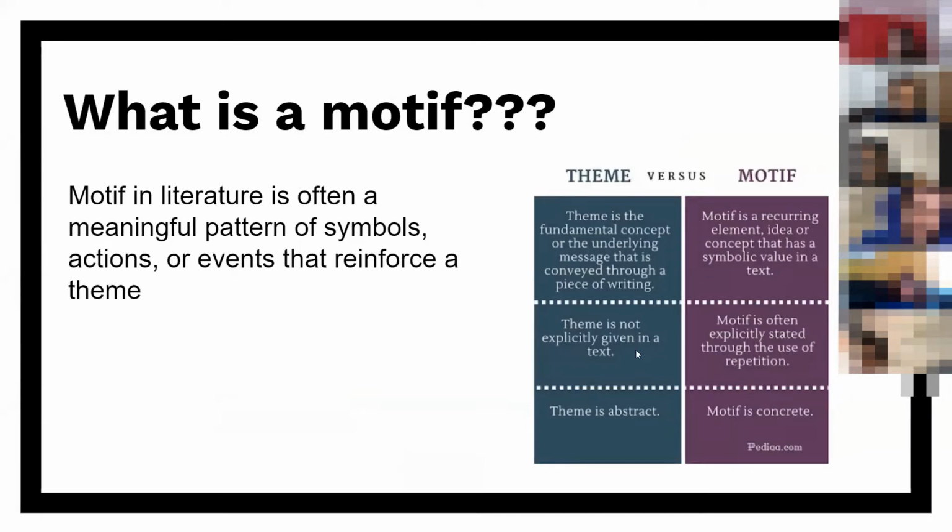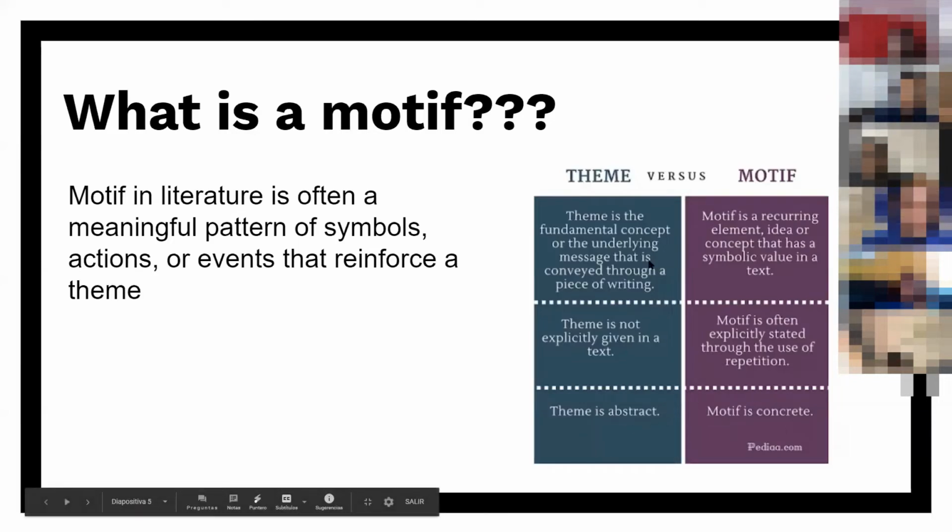That's why I ask you to tell me what the theme is based on what you're seeing in the story, whereas the motif is explicitly stated, or we see it occur more concretely by the use of repetition. The motif is there, we see it. The message, we have to infer on our own. The theme is abstract and the motif is a little more concrete.